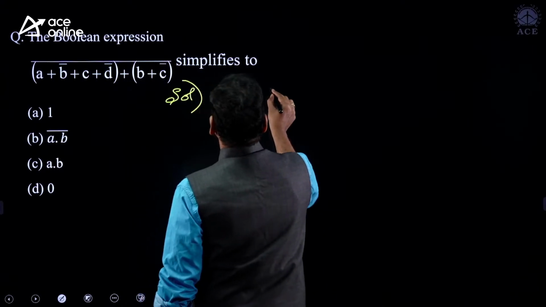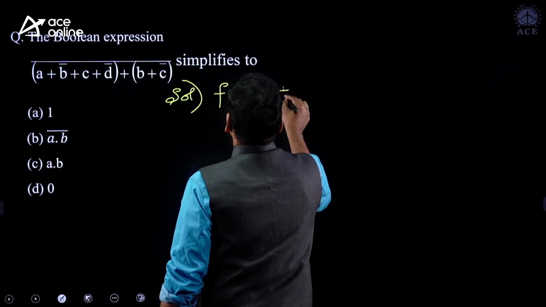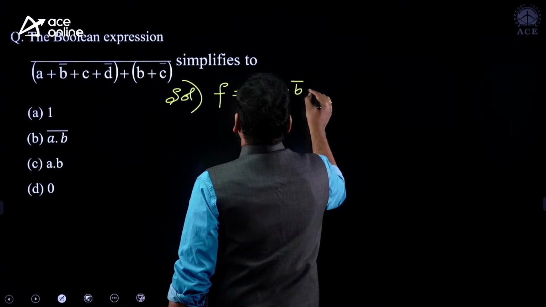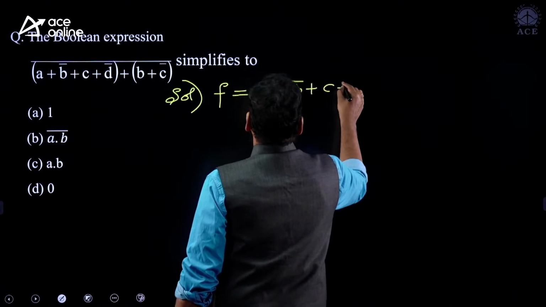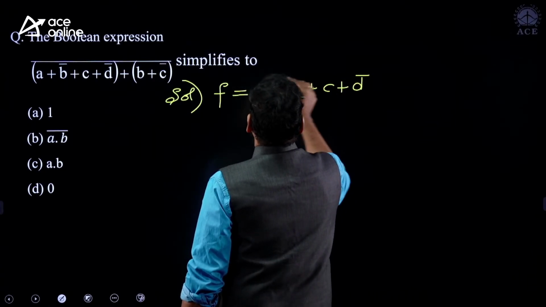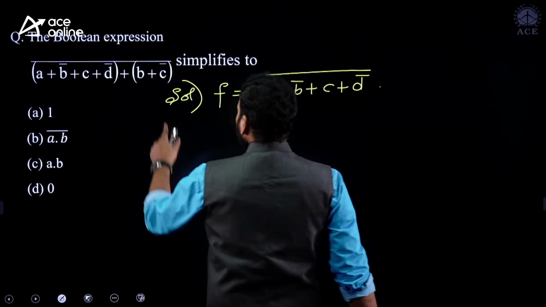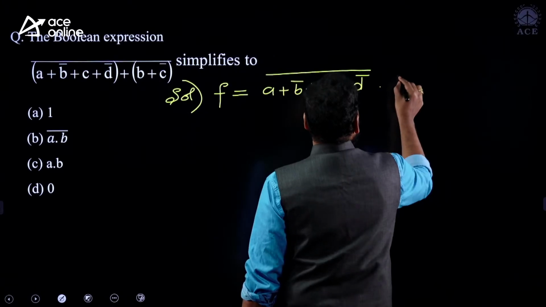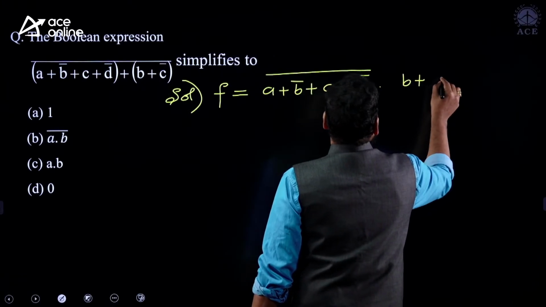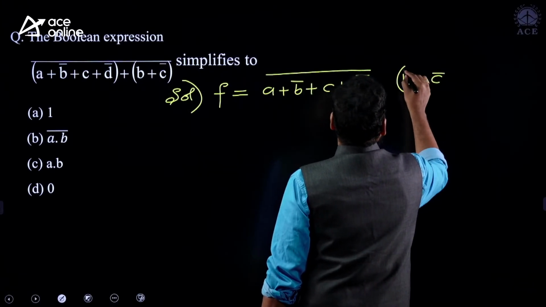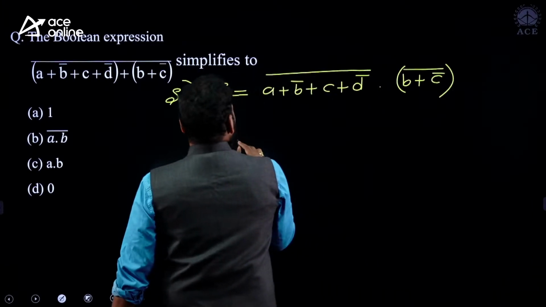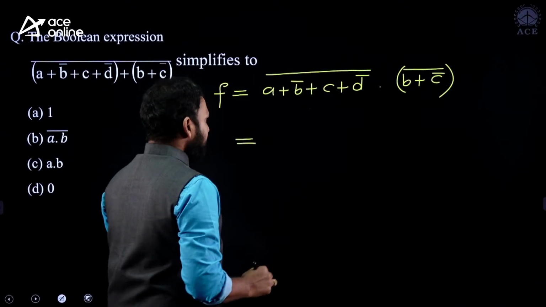So A plus B bar plus C plus D bar whole bar dot B plus C bar whole bar. Again we can apply De Morgan's theorem here.